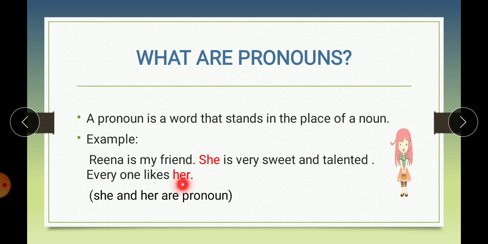Everyone likes Reena. So, what is the difference? Rather than repeating the word Reena again and again, we have replaced that word by some other words like she and her. And these words that stand in the place of a noun are known as pronouns.